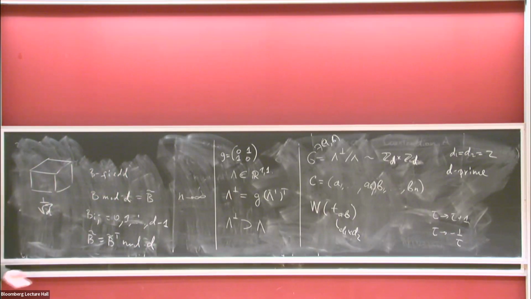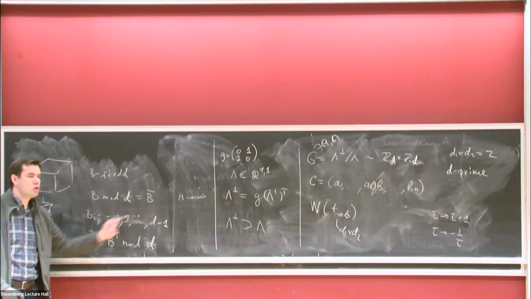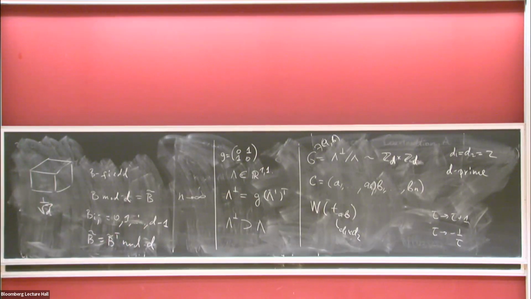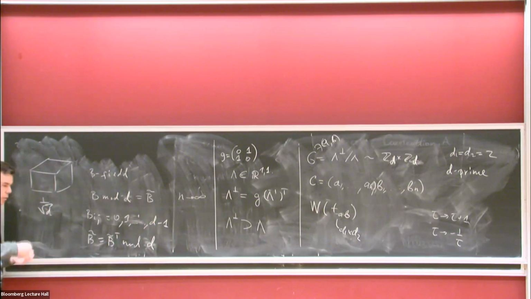So the torus of a Narain compactification is a cube, and the B field is a symmetric matrix mod 2 with integer elements. And 0 and D are T-dual, so 0 and D are equivalent because of T-duality. Now the following thing happens here.